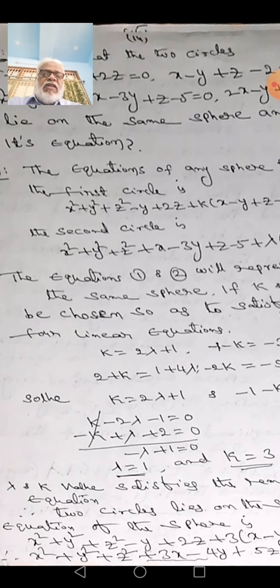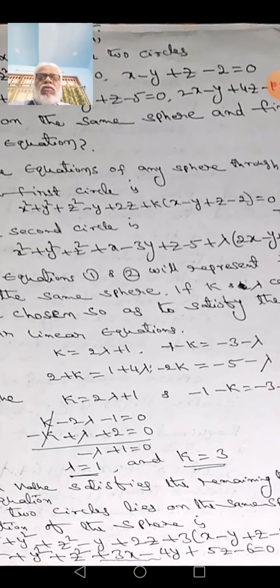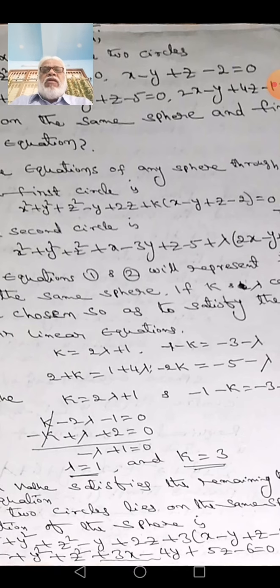If they satisfy, then we say that the two equations represent the same sphere.